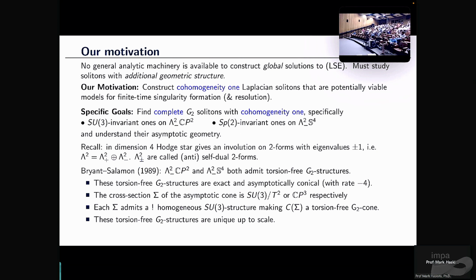They're asymptotically conical with rate -4, and they become asymptotic to cones over either CP3 for S4 or the flag manifold SU3 mod T2 for CP2. Each of those 6-manifolds admits a unique homogeneous SU3 structure that makes the cone over it into a torsion-free G2 cone. And then we have these asymptotically conical torsion-free G2 structures on lambda 2 minus of these two spaces, and up to scale, those things are unique.